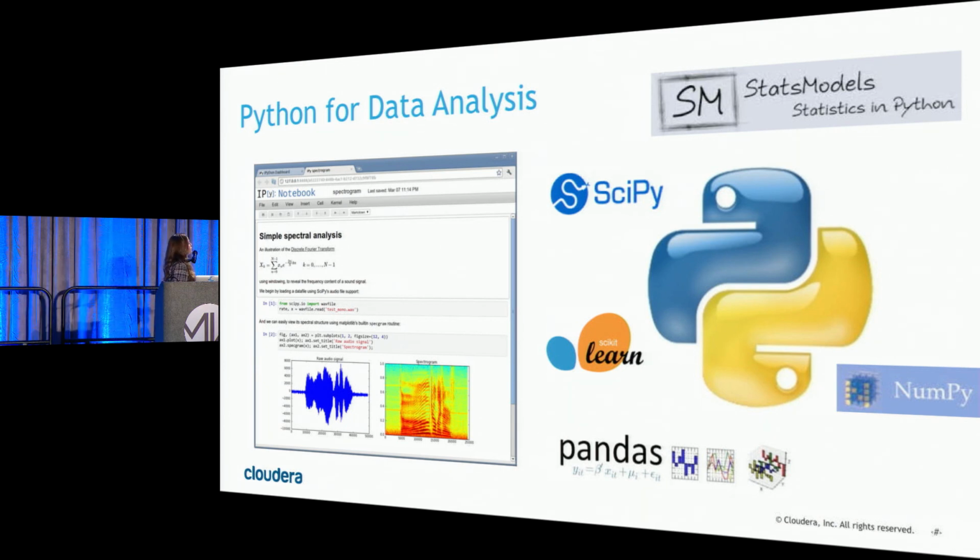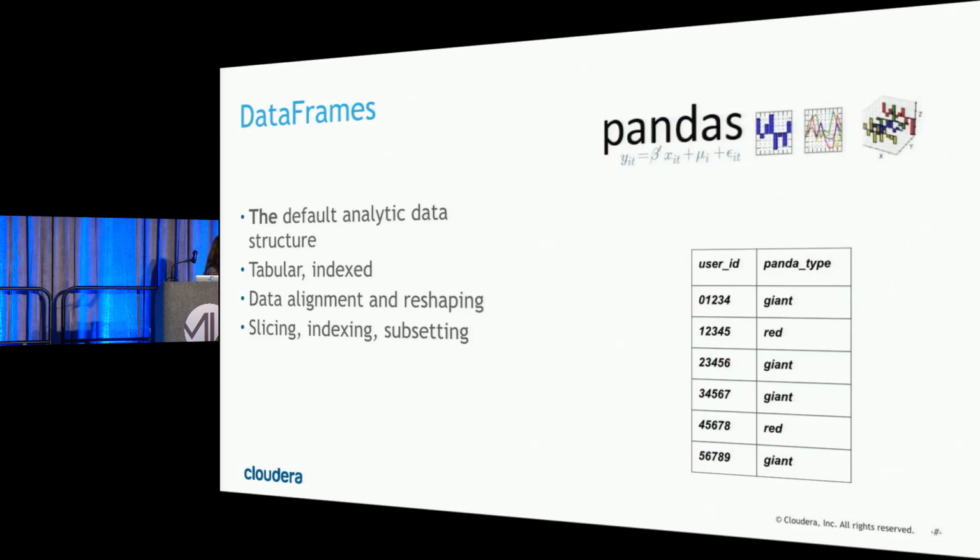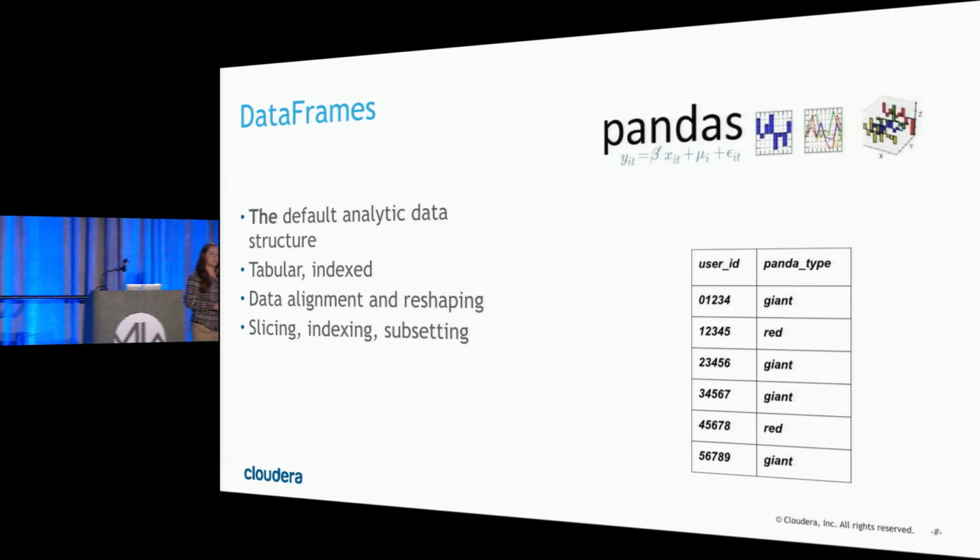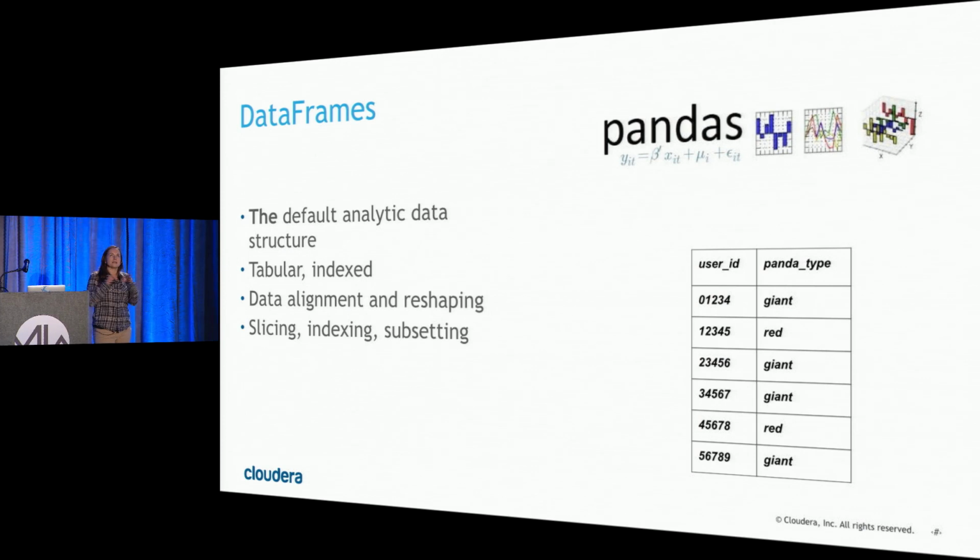And a really common core thing that we see over and over again is that the way people want to structure and think about their data is in terms of tables. Something you might have an index in, you have named columns. And Pandas in particular has emerged as the default data format for Python data analysis.